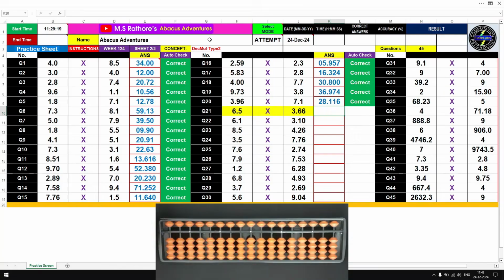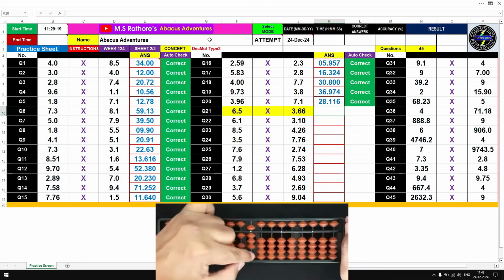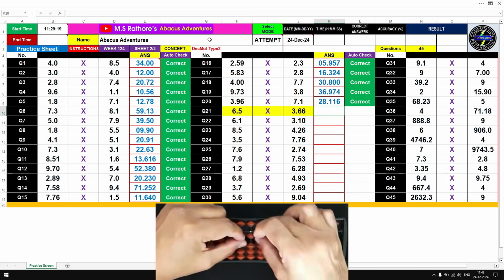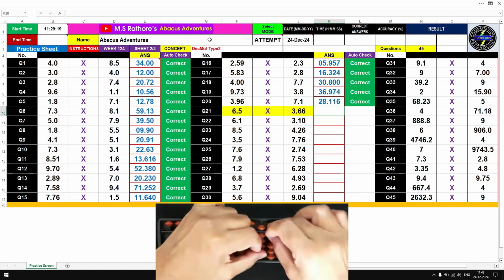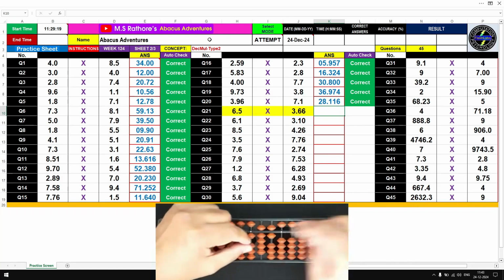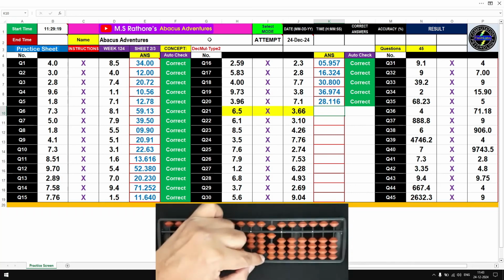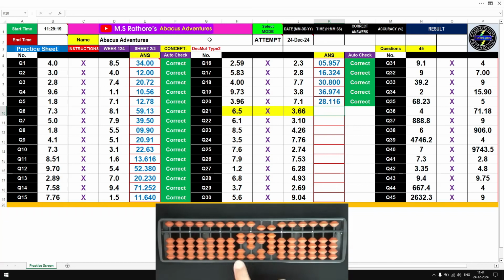Round 1 begins from rod number 2. 6 3s are 18, shifted. 6 6s are 36, shifted. 6 6s are 36. Round 2 begins from rod number 1. 5 3s are 15, shifted. 5 6s are 30, shifted. 5 6s are 30, and the answer is 23.790.